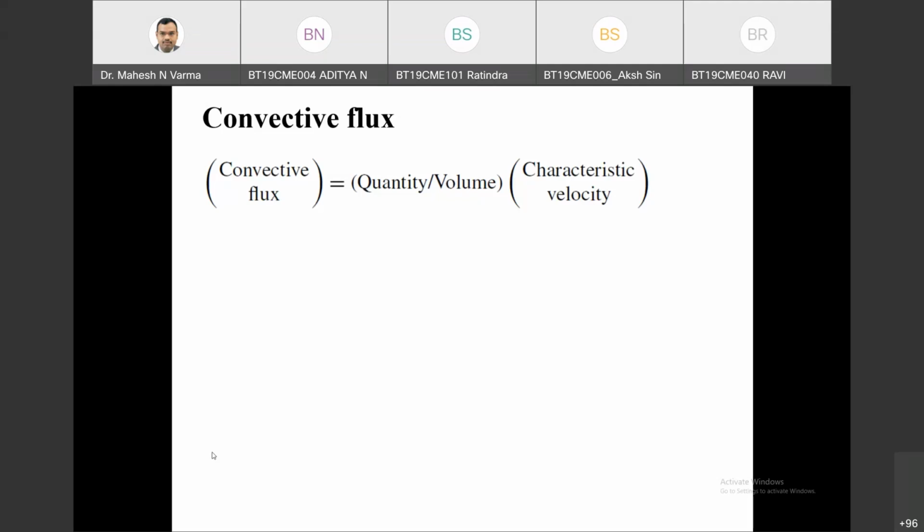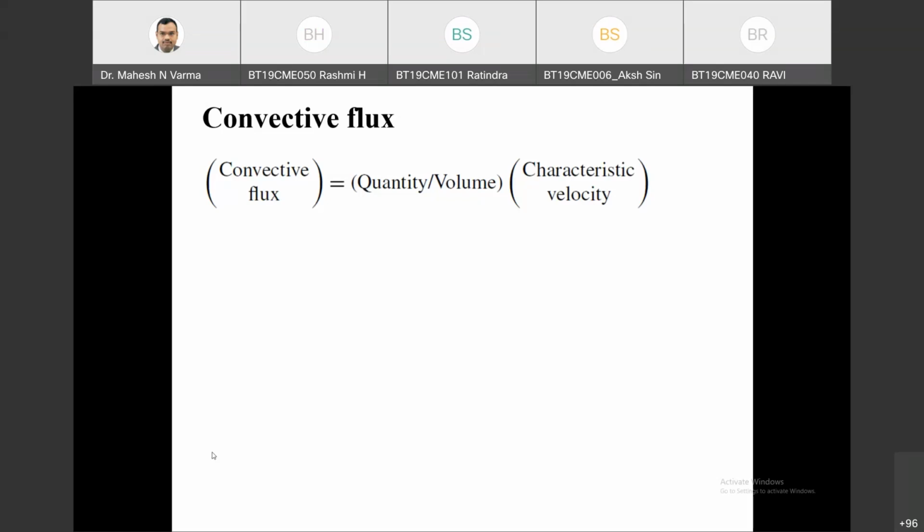What is the quantity per unit volume in heat transfer? Roll number 50, Rashmi. Yes sir. So heat per unit volume will be rho into CpT. Very good.